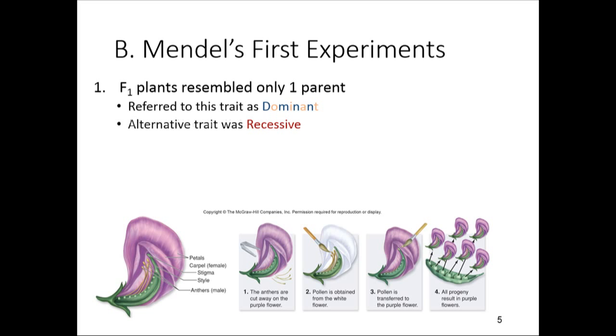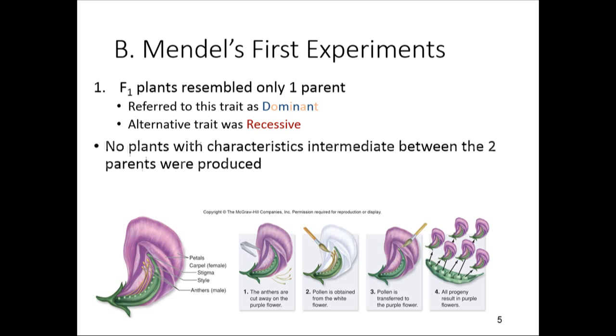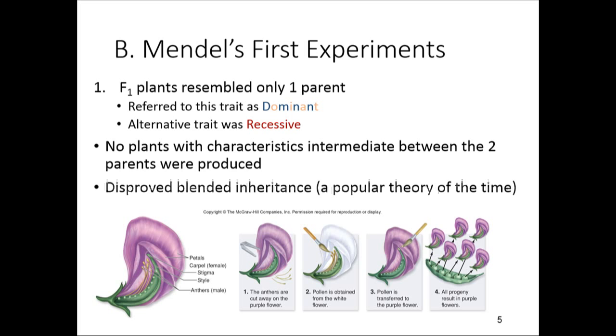So the purple flowers and the white flowers were bred, and only purple flowers showed up in the F1 generation. That was called the dominant, and then the recessive would have been the white. There were no intermediate characters, so there was no purple with white spots, no white with purple spots, no pink, no blue, nothing in between. It was just purple.